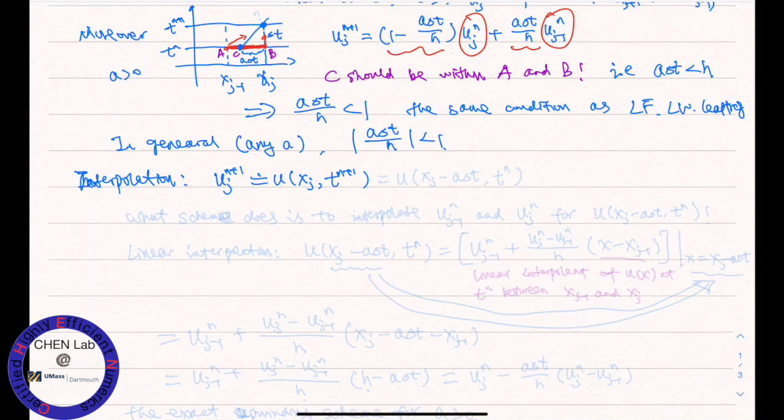And we know this location is equal to the exact solution U. We trace the characteristic back to tn. So that's U at xj, again we should subtract A delta t, and we go back to time level tn from t_(n+1).